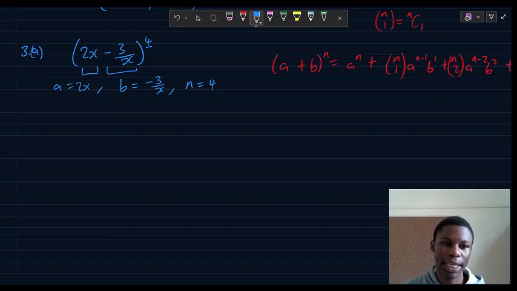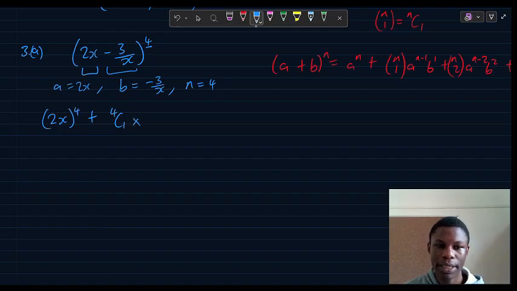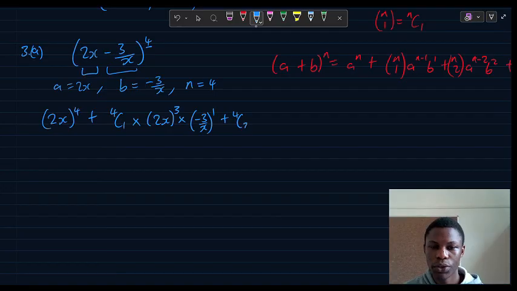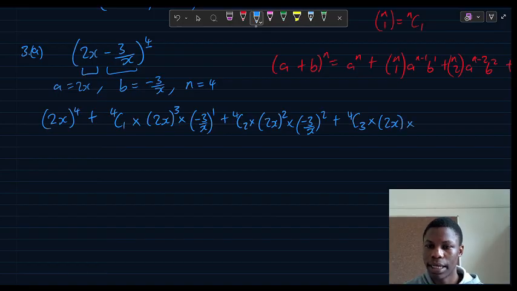So the first term is going to be a to the power n, so that's 2x to the power 4, plus n choose 1, so 4 choose 1 times our a, which is 2x, to the power 4 minus 1, which is 3, times our b, which is negative 3 over x, to the power 1, plus 4 choose 2 times 2x raised to the power 4 minus 2 times b raised to the power 2, plus 4 choose 3 times 2x to the power 1 times negative 3 over x to the power 3, and the last term, that's just b to the power n.